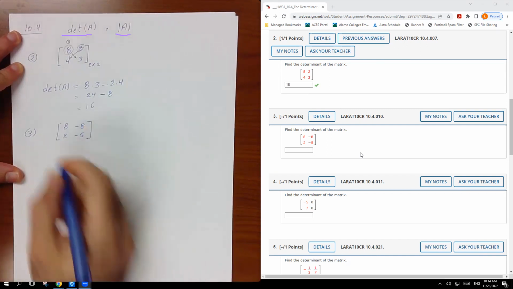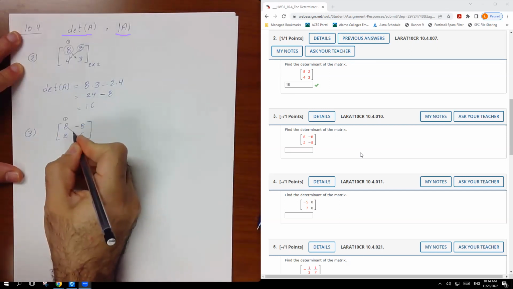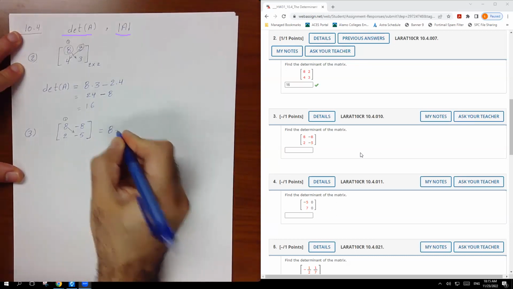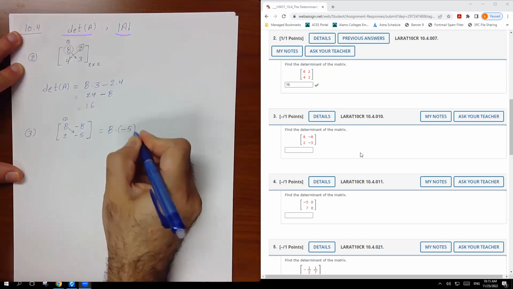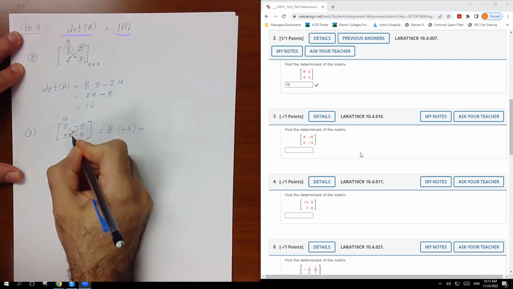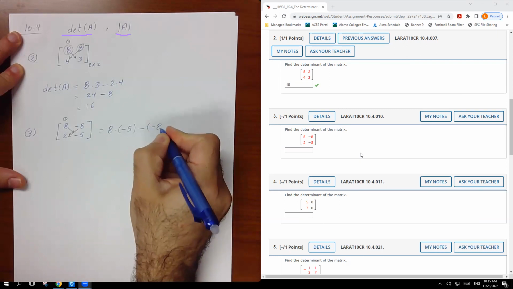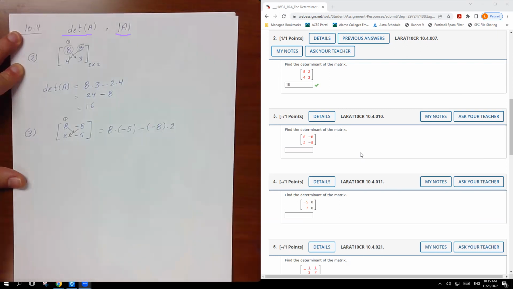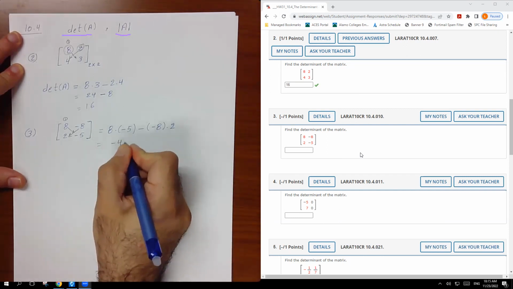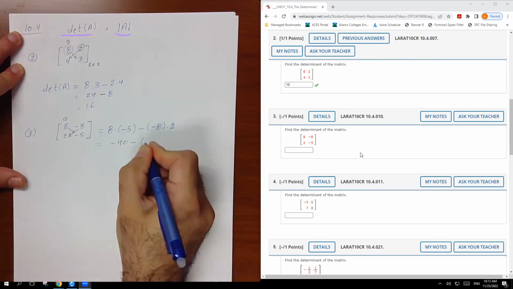To find the determinant for this matrix, we start from this number, 8 times negative 5, minus negative 8 times 2. So 8 times negative 5 is going to be negative 40, minus negative 8 times 2, which is going to be negative 16.